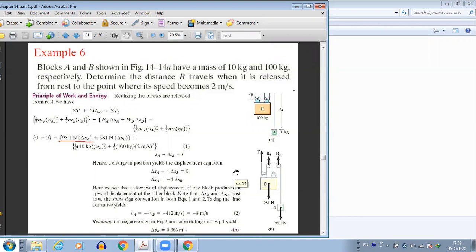It's not positive. You can put it negative. But I get a different velocity. Okay, you have to understand one thing. When you're putting the work of A, here we have to see, because if B is moving down, A has to be moving up. When A is moving up, that means work is negative, right?